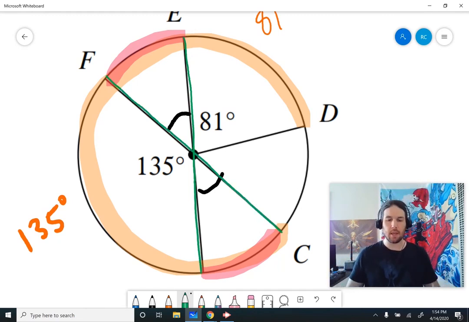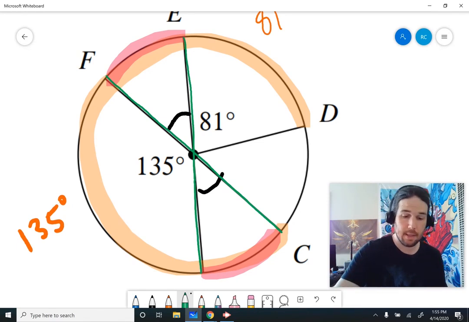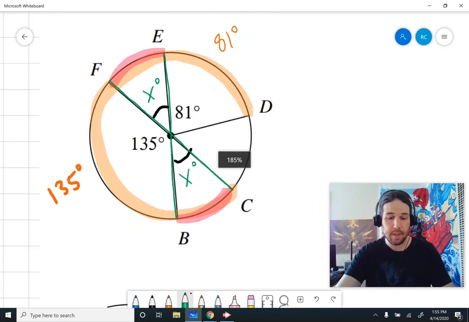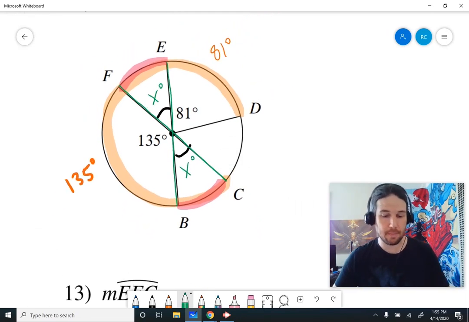What can you tell me about those two angles that I've marked? Well, those are vertical angles, right? You've got two crisscrossing lines, and those vertical angles are going to be congruent to each other. I don't know exactly what it is, but I know that they're the same by vertical angles. Again, the stuff that we learned before keeps coming back. So once we find one, then we'll find the other.